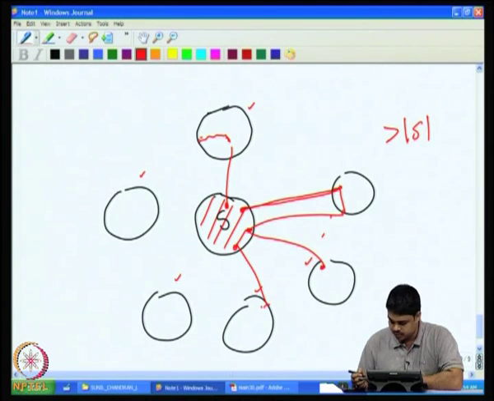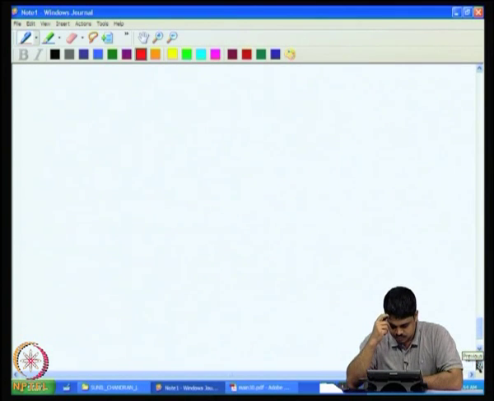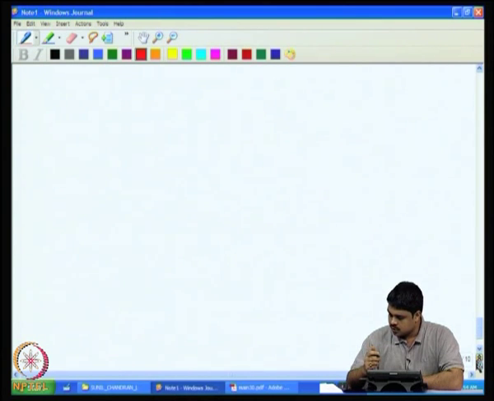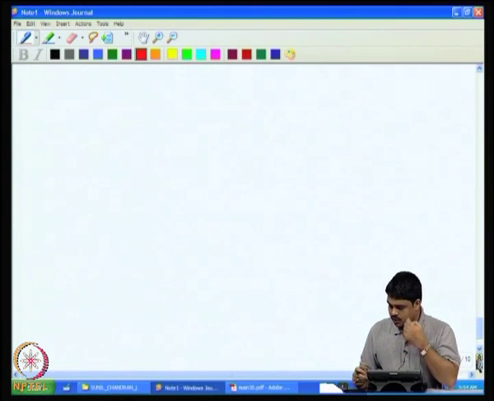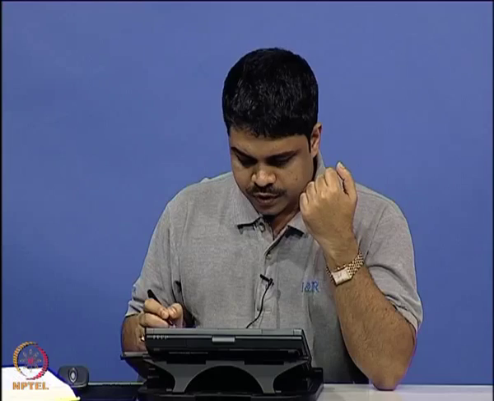Is it possible to draw? That is an interesting exercise. You can try to draw some graph which is Hamiltonian, which is not tough. I will leave it to you to try that.